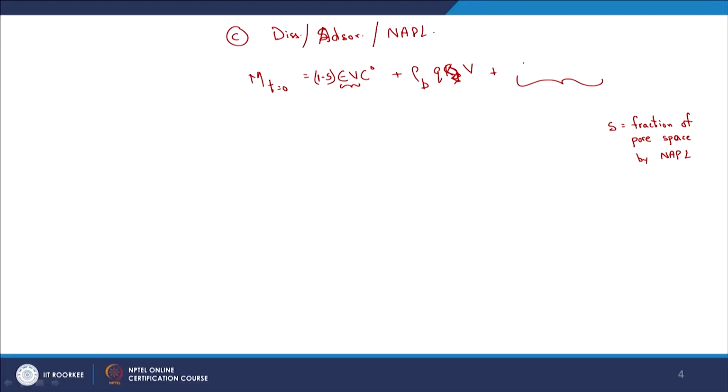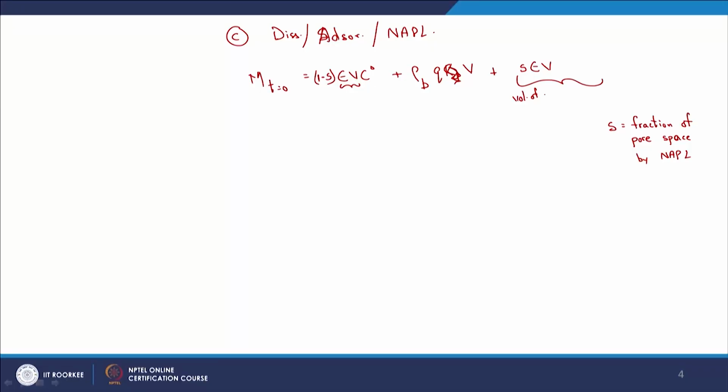So here again, what do I need? I need the volume of the NAPL. How do I get that? It is S times epsilon times volume. This gives me the volume of the NAPL, but obviously I am looking for the mass of the contaminant, so I need to multiply that by the density of NAPL.